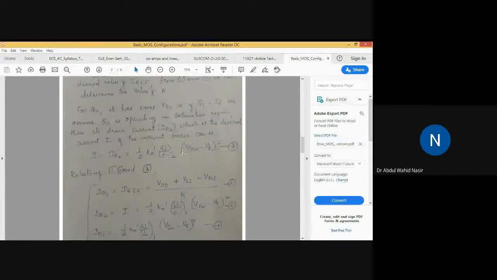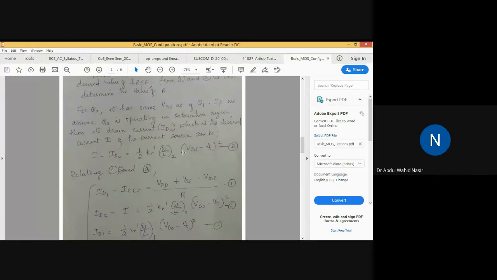Now we have three equations till now. The first equation is ID1, which is equal to half Kn dash into W by L suffix 1 (VGS minus VT) whole square. Then we have seen ID1 is equal to I reference is equal to (VDD plus VSS minus VGS) divided by R. That is the second equation.